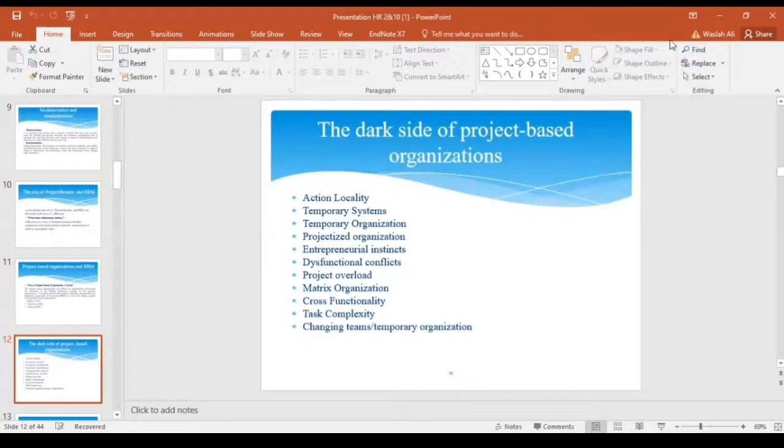In matrix organization, two chains of command are included, one along functional lines and the other along project, product, and client.